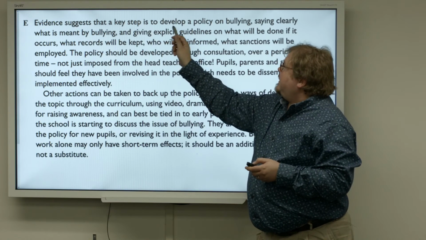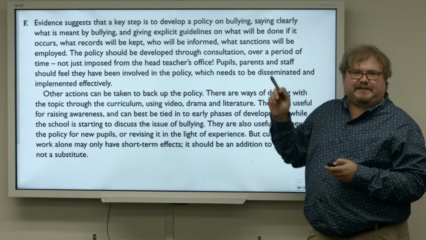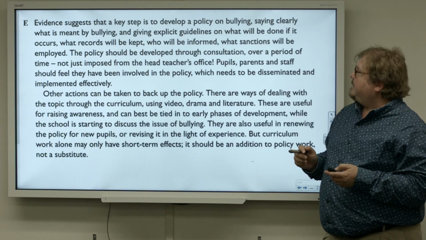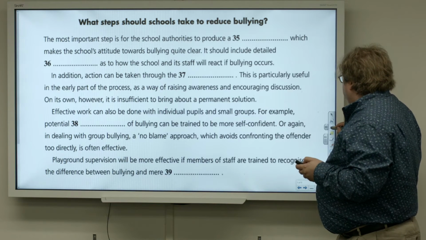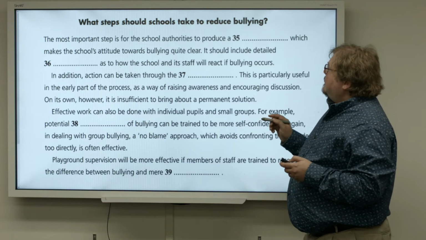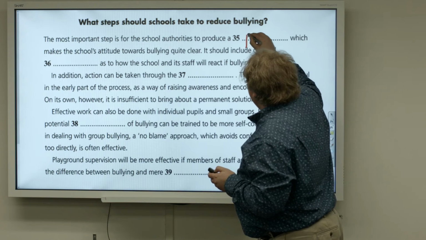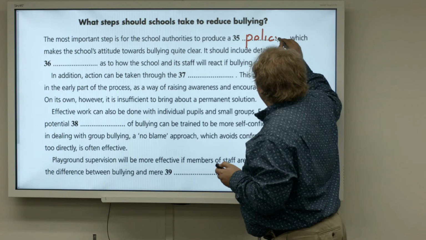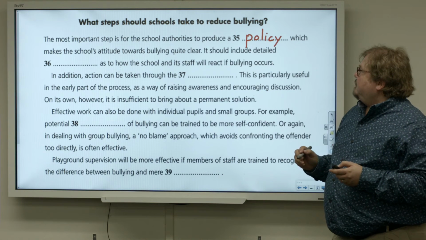And a key step, I see that word policy there. Maybe that will fit in there. Let's take a quick look. Yeah, so we can fill in these words here. The most important step is for the school authorities to produce a policy, which makes the school attitude towards bullying quite clear.